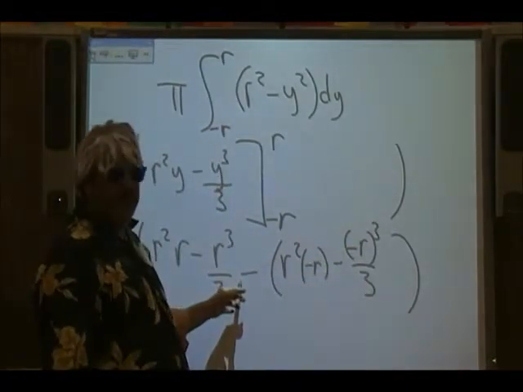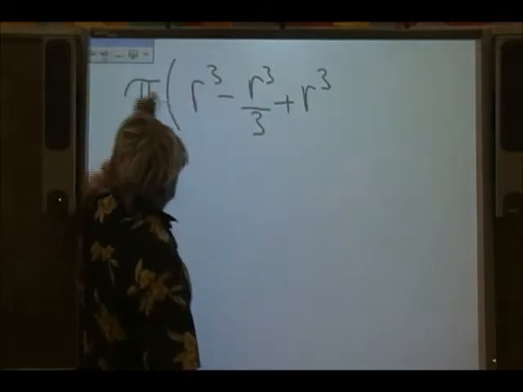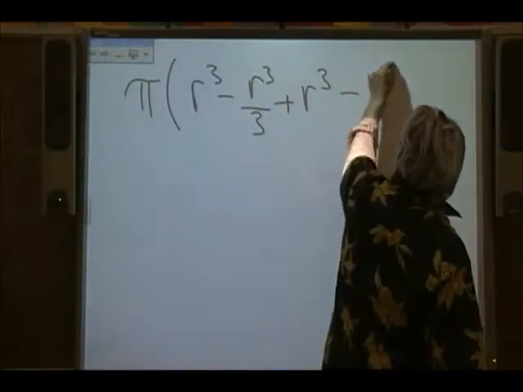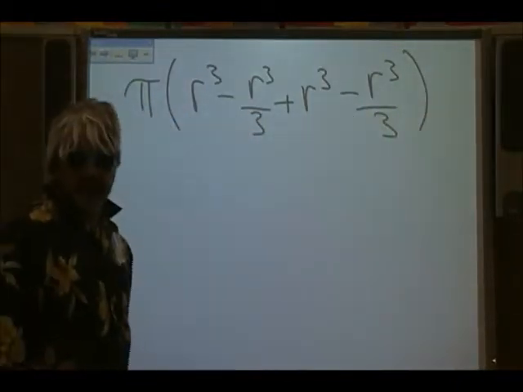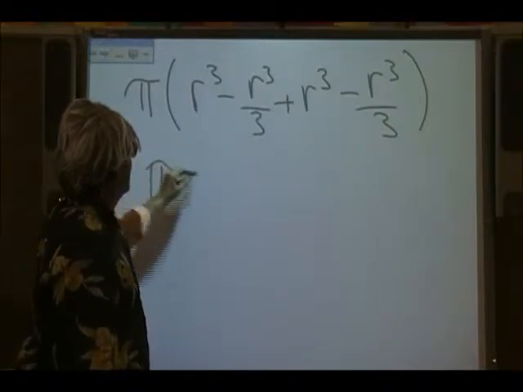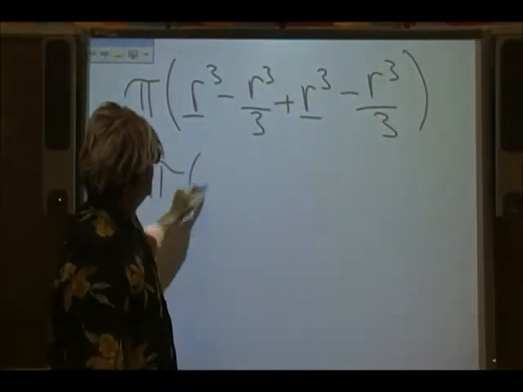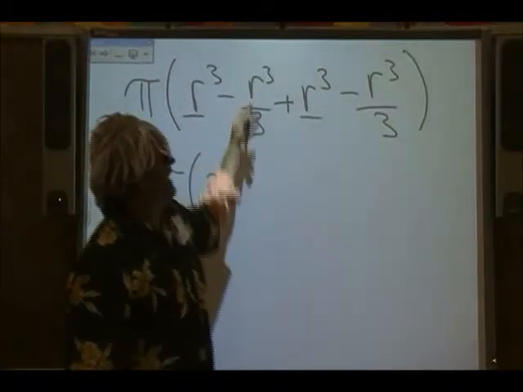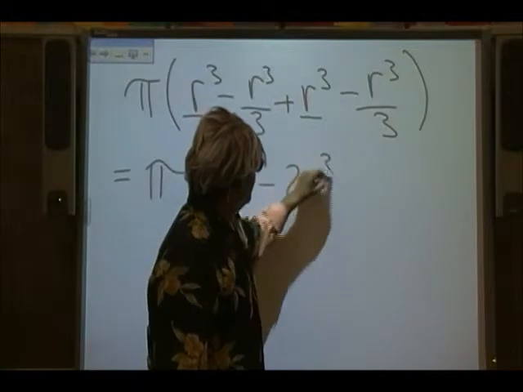And then this negative makes it a negative r cubed over 3. It's just a lot of algebra. Now what do we have? We have the pi right here. 1 r cubed and 1 r cubed is 2 r cubed. And a negative r cubed over 3 and a negative r cubed over 3 is a negative 2 r cubed over 3.